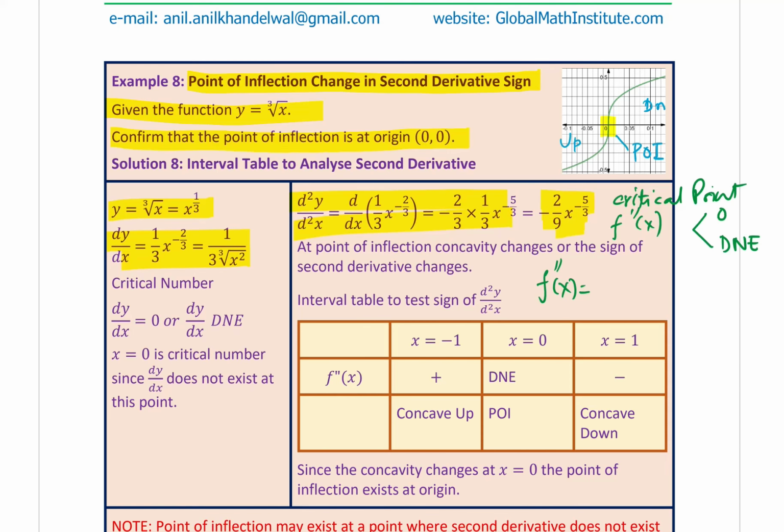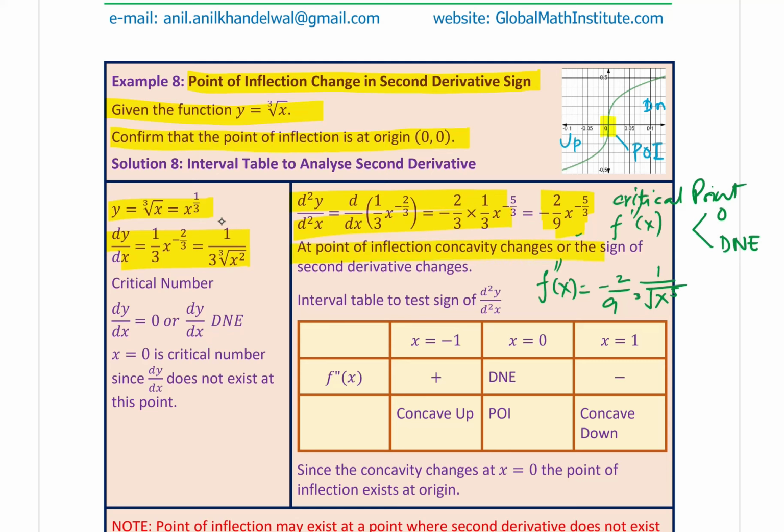So let me rewrite this as -2/9, and that comes in the denominator, x to the power of 5/3, correct? So 5/3 cube root, right? That is what your second derivative is. Now, clearly, at x equals 0, it does not exist.